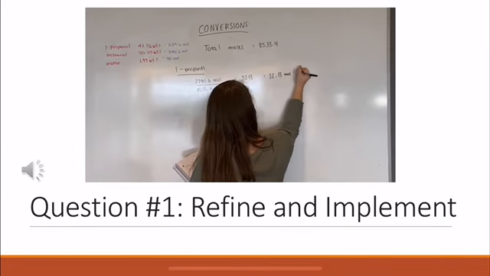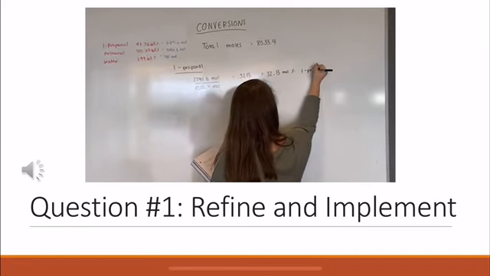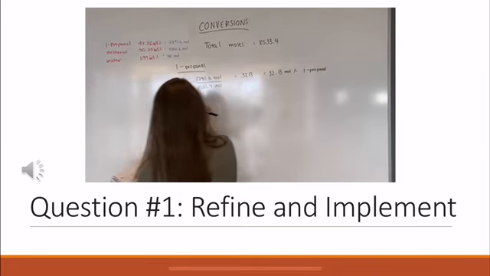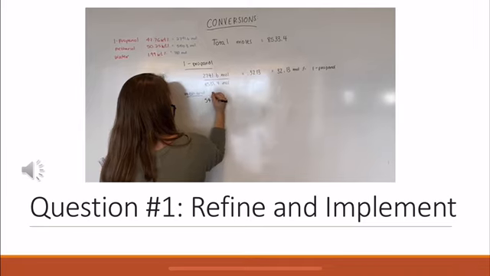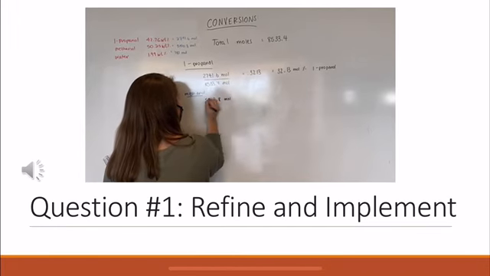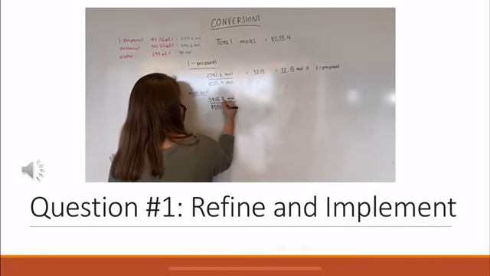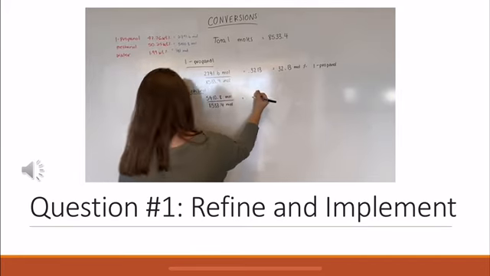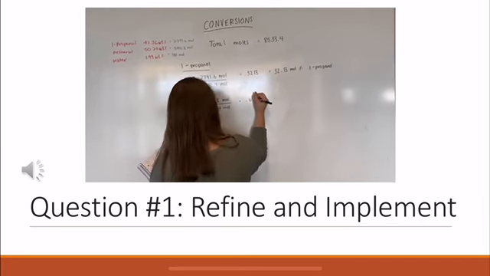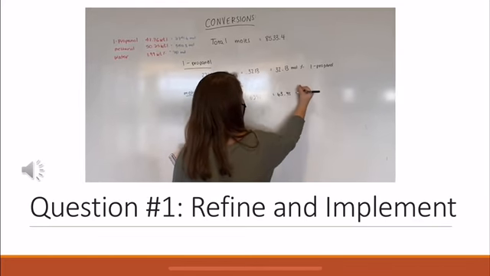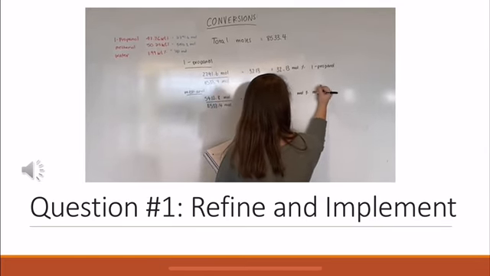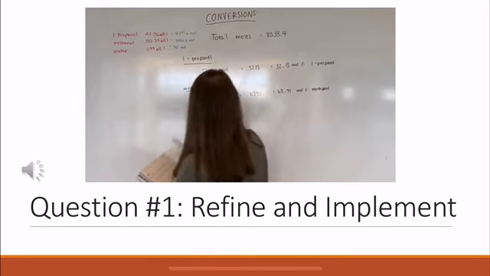Then, in order to find the mole percent of each molecule, we divide the amount of moles of each molecule by the total amount of moles. By doing this, we get 32.13 as the mole percentage of 1-propanol, 63.41 as the mole percentage of methanol, and 4.46 as the mole percentage of water.